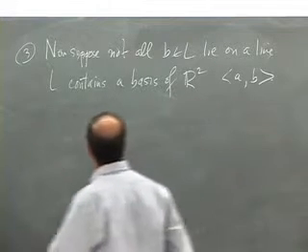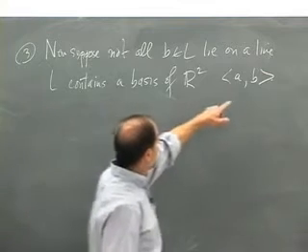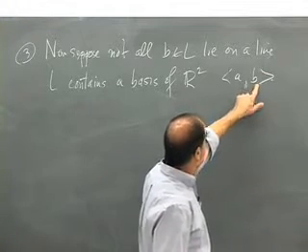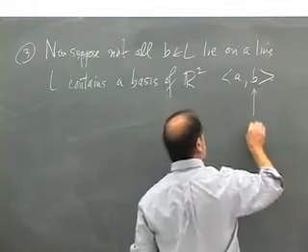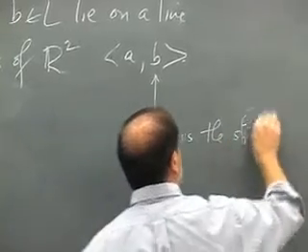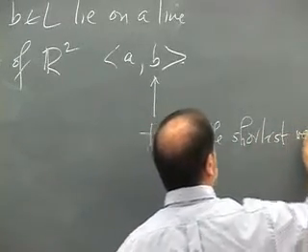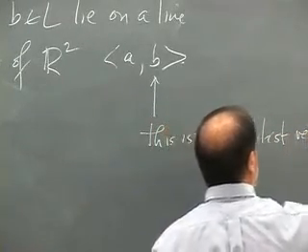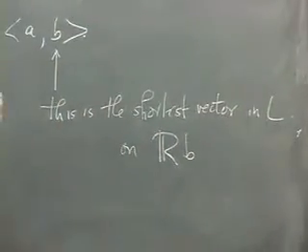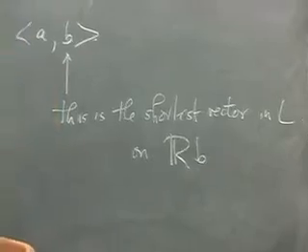So the first thing we do is we take the line spanned by B, and we let B be the shortest vector. We might as well insist that this is the shortest vector in L on the line RB. Why not? Replace it by another vector on the same line, which is in L if it isn't.